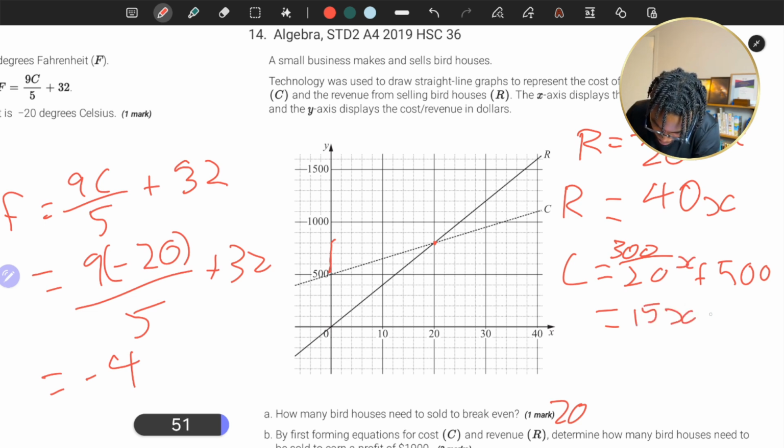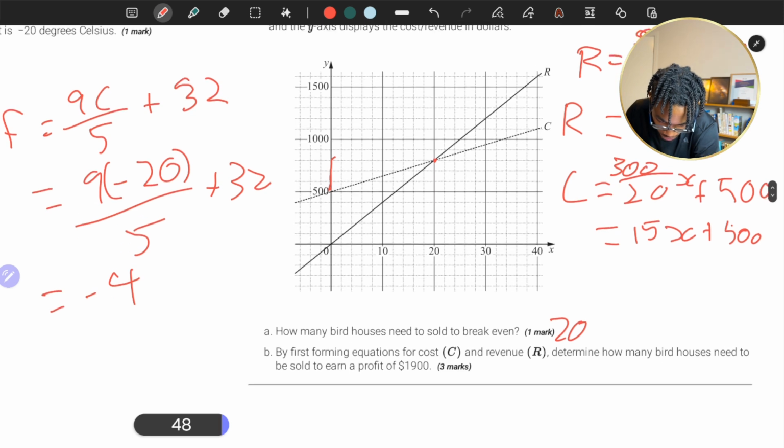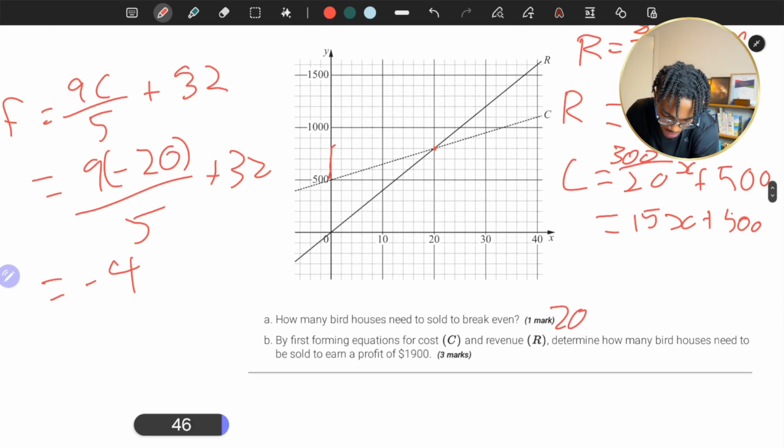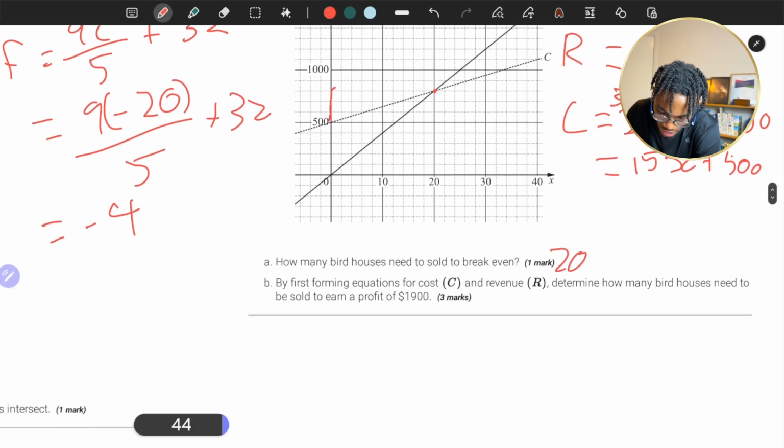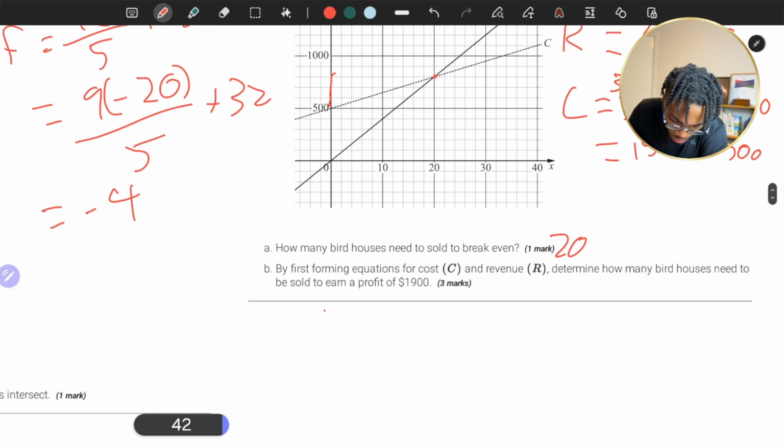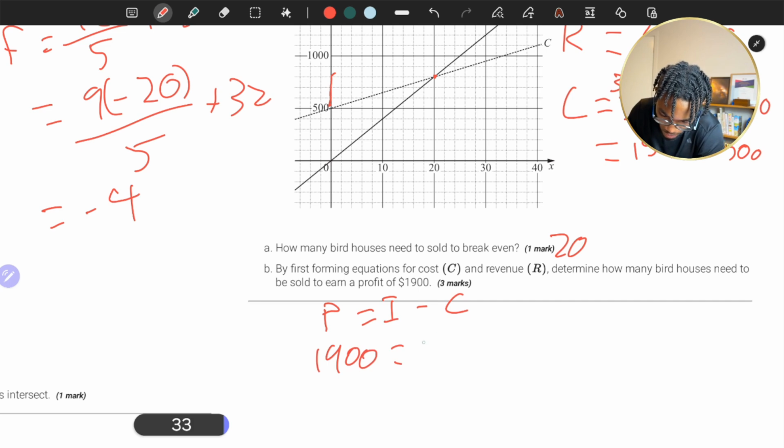So cost equals 15x plus 500. Now to earn a profit of 1,900: profit equals income minus cost. So 1,900 equals 40x minus (15x plus 500).